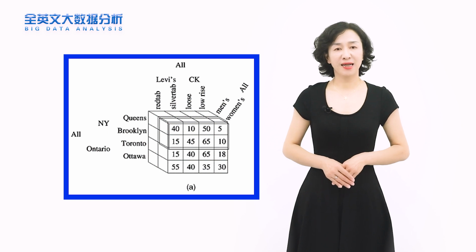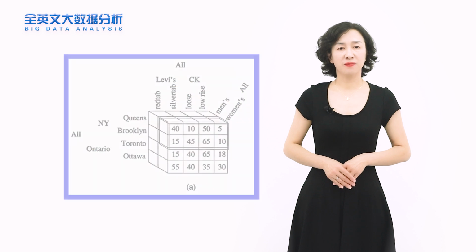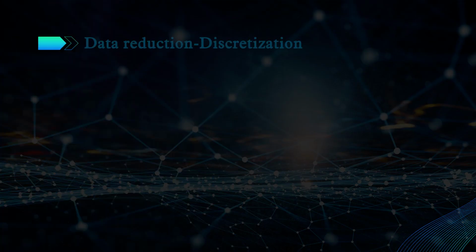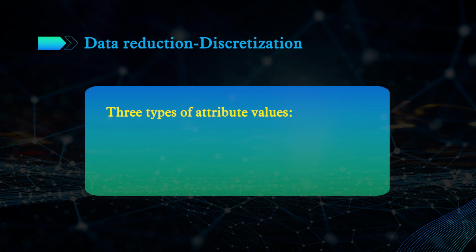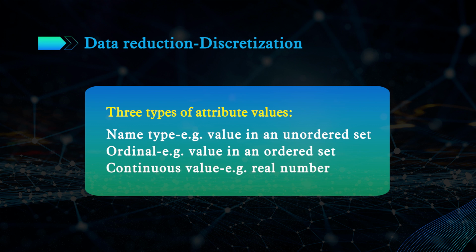Now let's look at the data reduction method, discretization. Attribute values could be nominal, for example values in an unordered set, ordinal, for example values in an ordered set, and continuous, for example real numbers.